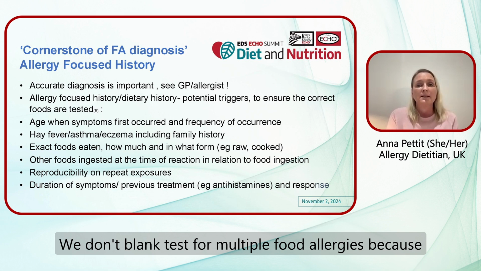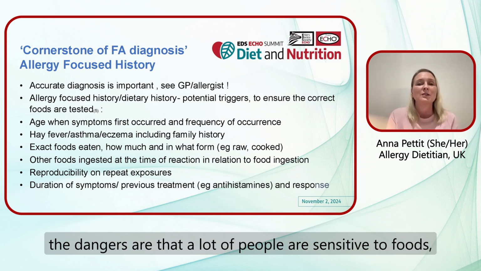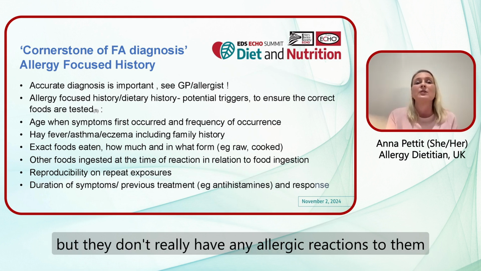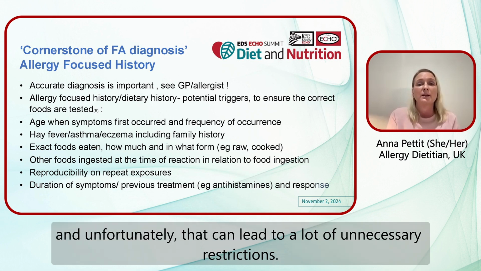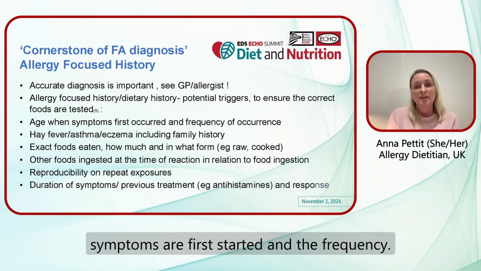We don't blanket test for multiple food allergies because the danger is that a lot of people are sensitive to foods, but they don't really have any allergic reactions to them and they can continue to eat them. When you blanket test someone, you can pick up on those sensitivities, and unfortunately that can lead to a lot of unnecessary restrictions. So you're looking at the age when symptoms first started and the frequency.